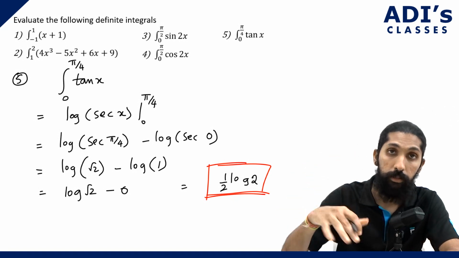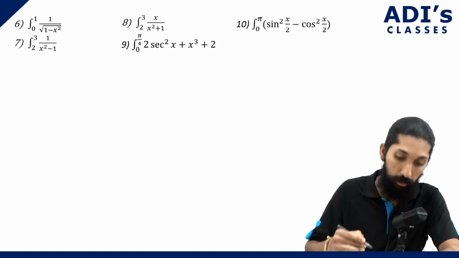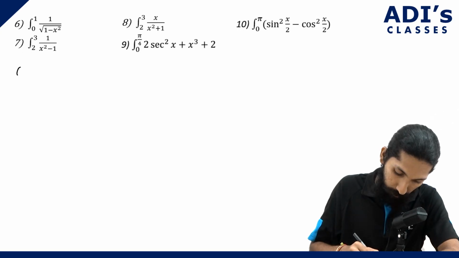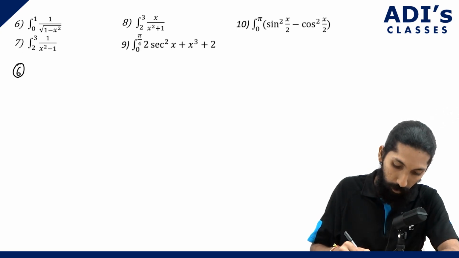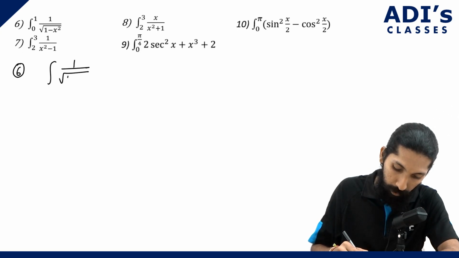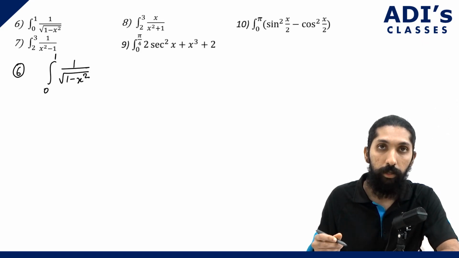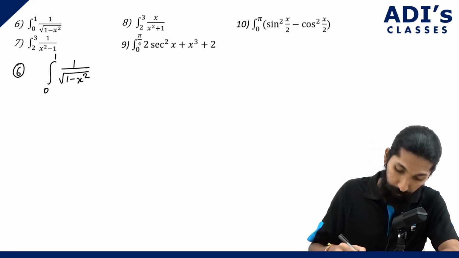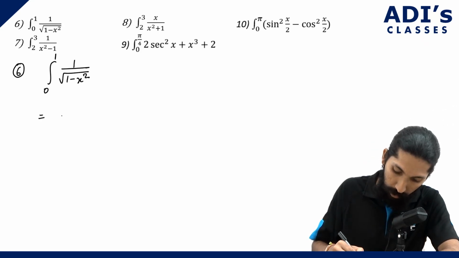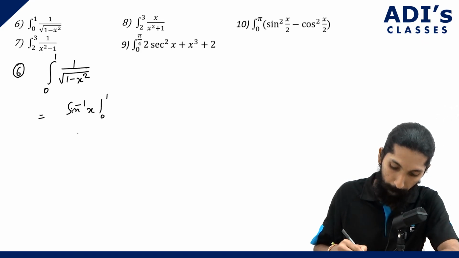Now we are going to see the next one, that is the sixth one. You have integral of 1 by root 1 minus x square. What is 1 by root 1 minus x square? Sine inverse, isn't it? The answer for this becomes sine inverse of x from 0 to 1.